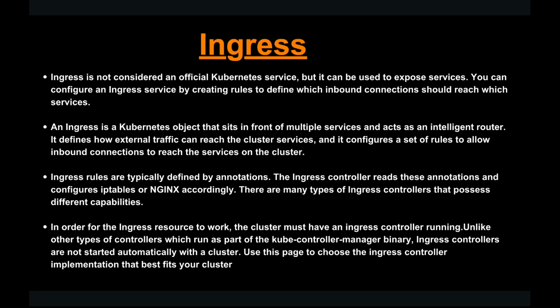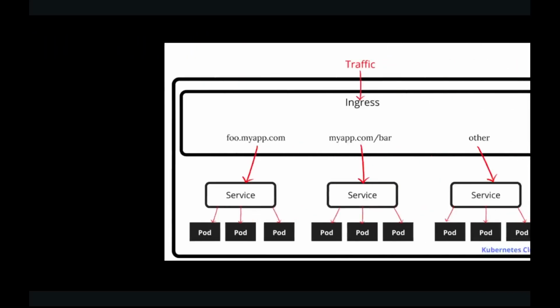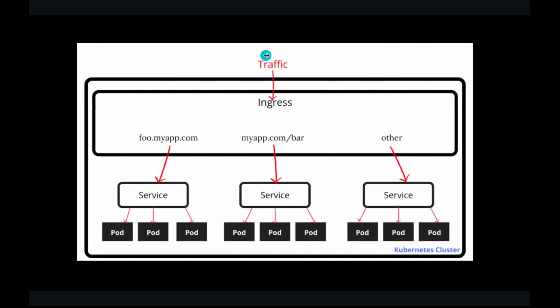Okay, so let's understand with the help of a diagram. This is traffic coming from outside the internet, and here we have created our ingress. Inside that ingress we have defined multiple rules. We are creating a single ingress to expose multiple services. Whereas with the load balancer type service, we need to create a load balancer type service for each service.